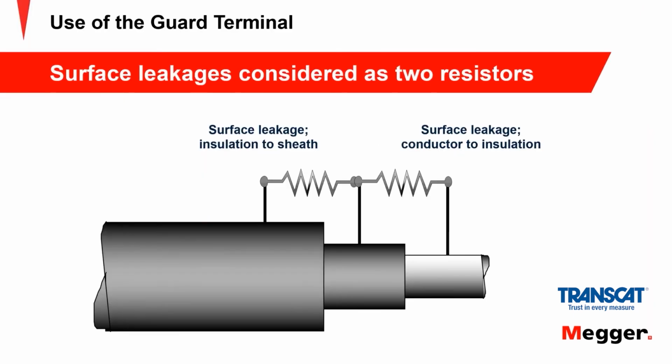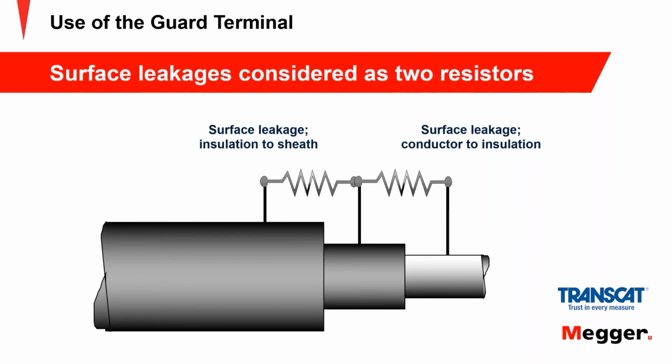Okay, so this shows a simplified circuitry of a cable termination, and you've actually got two leakage paths here. You've got current that flows through the insulation to ground, let's say, or current that can travel across the surface of the insulation.